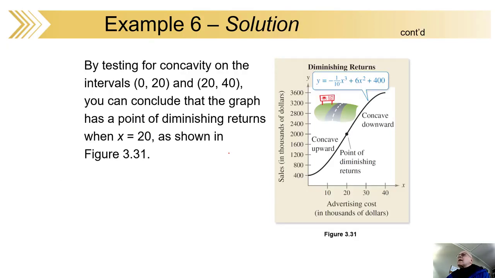You can see that the advertising costs are on the bottom, and the sales that you're interested in mostly are on the vertical axis. Notice that the sales are increasing faster, faster, faster until you get here, and then the sales start leveling off.